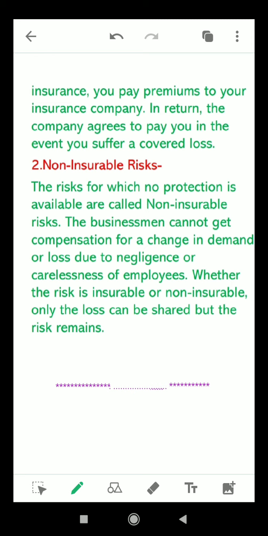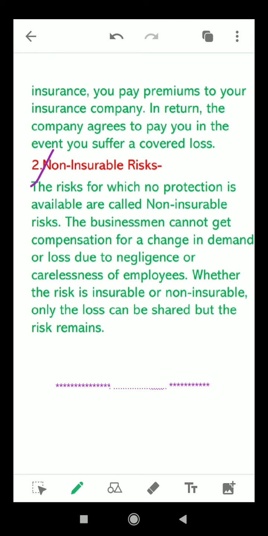So when some risks are insured with the insurance company, then in case of loss, the firm will get compensation from the company. So generally, natural and physical causes are insurable risks. Like a businessman can take insurance policy to cover loss due to fire or theft or earthquake, flood, etc. So in case of loss due to insured causes, the insurance company will compensate the loss suffered by the insured.